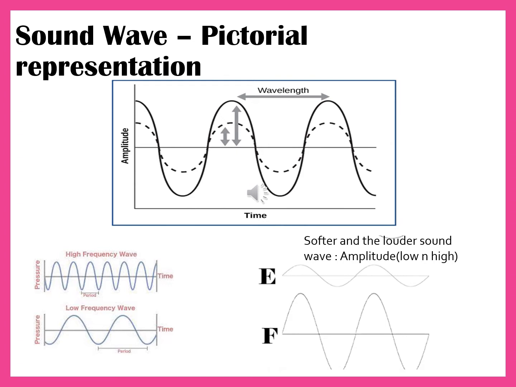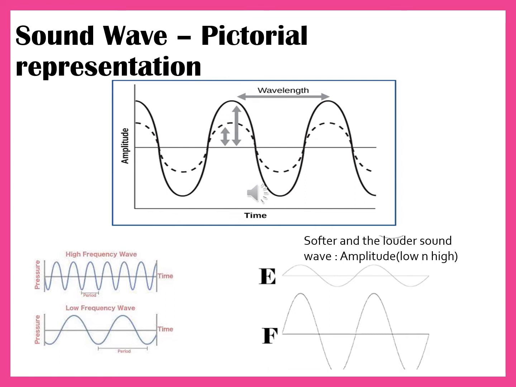On the x axis, I have written the time, and on the y axis, I've written the amplitude. Now, you are going to check out the two waves, one dotted wave and one normal line graph wave. The amplitude is very clear, how far it goes from the mean position. The straight line parallel to time is the normal mean position.